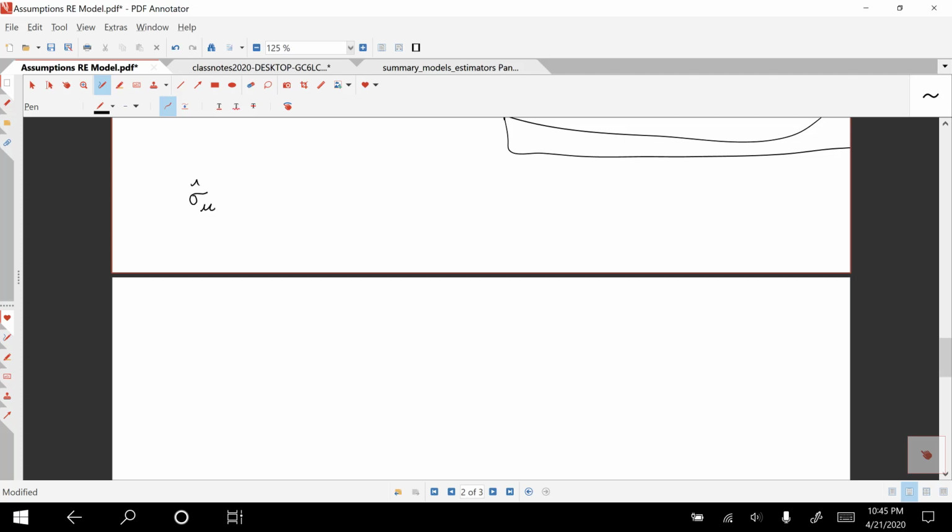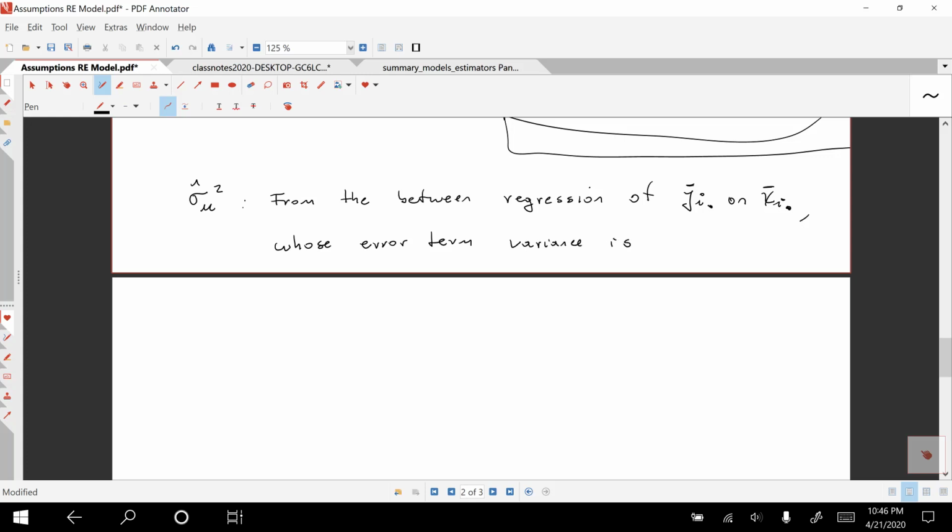To estimate that variance, we can obtain it from the between regression of y_i on x_i, whose error term variance is, so this is the theoretical, squared.